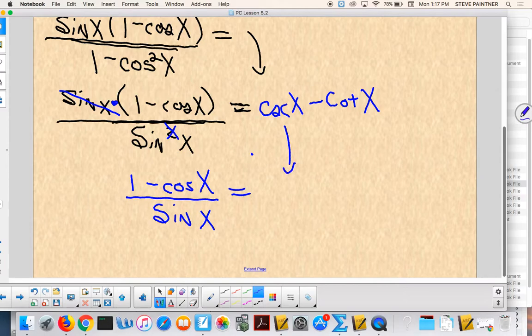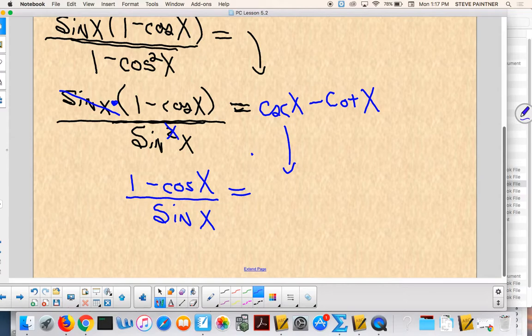How is that true though? How does that equal that? Multiply 1 minus cosine of x over sine of x by cosecant over cosecant, because cosecant is the opposite of sine. Oh, I see what you're doing.